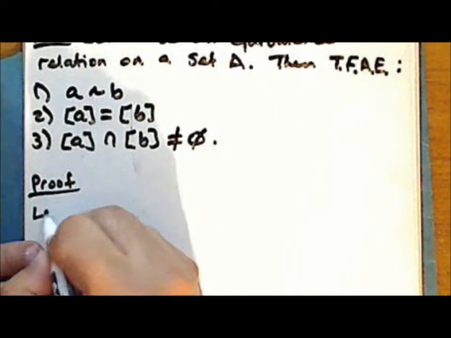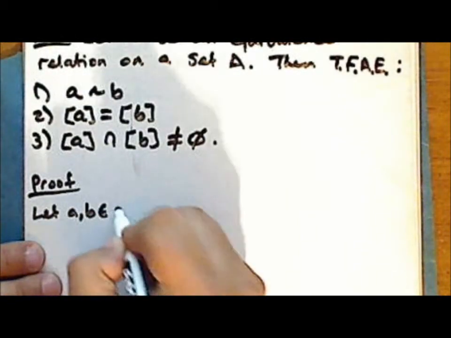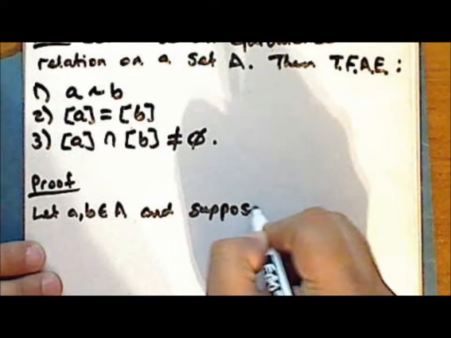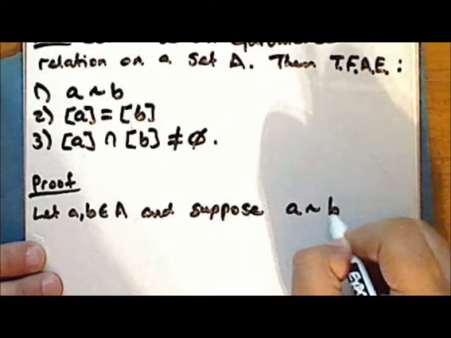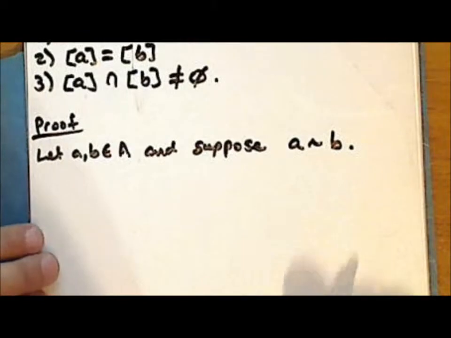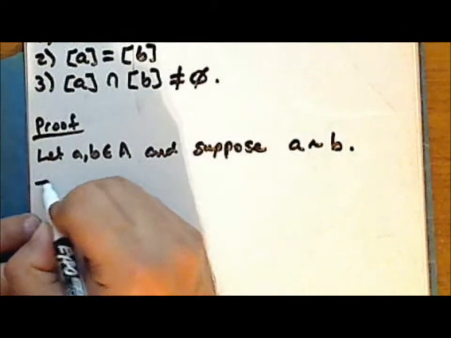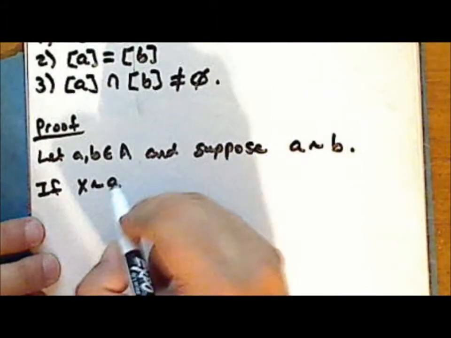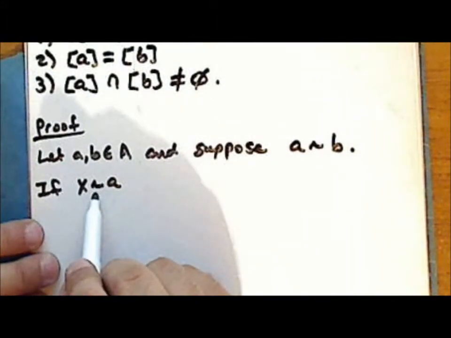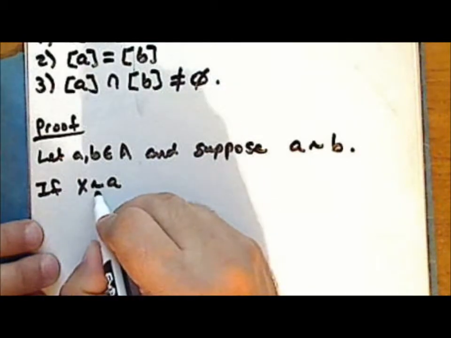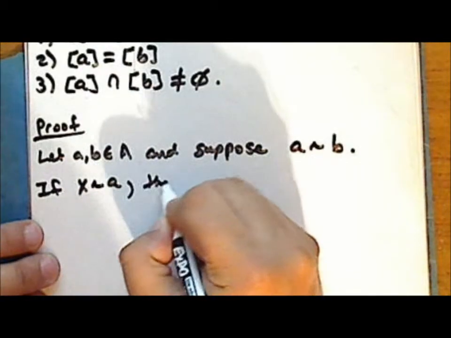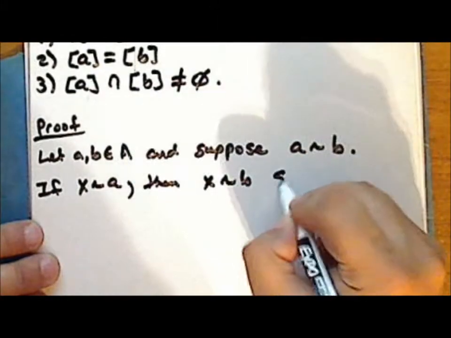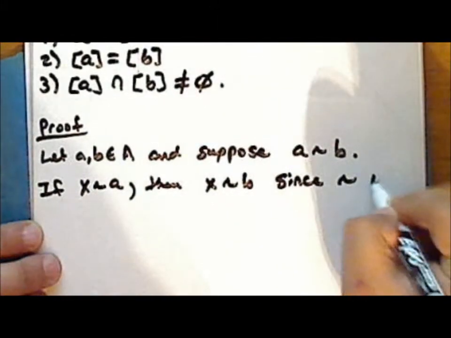So let a and b be in the set A, and suppose that a is related to b. Then if an element x is related to a, because the relation is an equivalence relation, then x is related to b, since the relation is transitive.